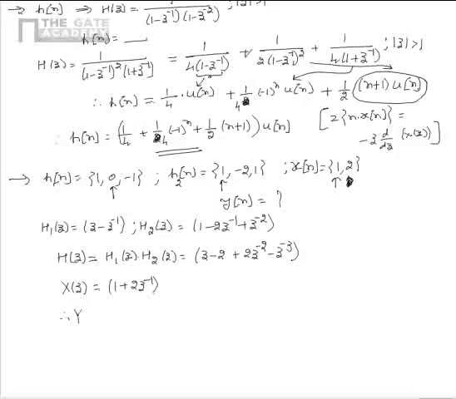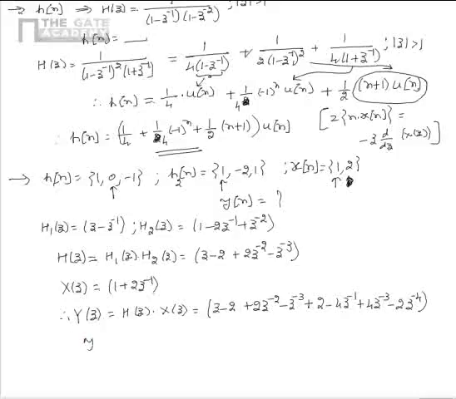Therefore, the z transform of the output y(n) is given as Y(z) equal to H(z) multiplied by X(z), which upon simplification becomes z - 2 + 2z^-2 - z^-3 + 2 - 4z^-1 + 4z^-3 - 2z^-4.